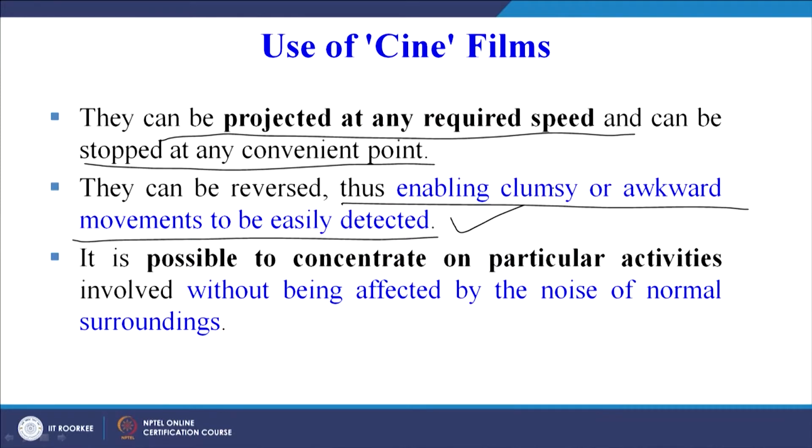When we are able to identify the movements which are not proper, not optimal, not economic from the ergonomics point of view, we can detect these problems and then advise the workers on the right way of doing the work. It is also possible to concentrate on particular activities without being affected by the noise of normal surroundings. This is a very general point.